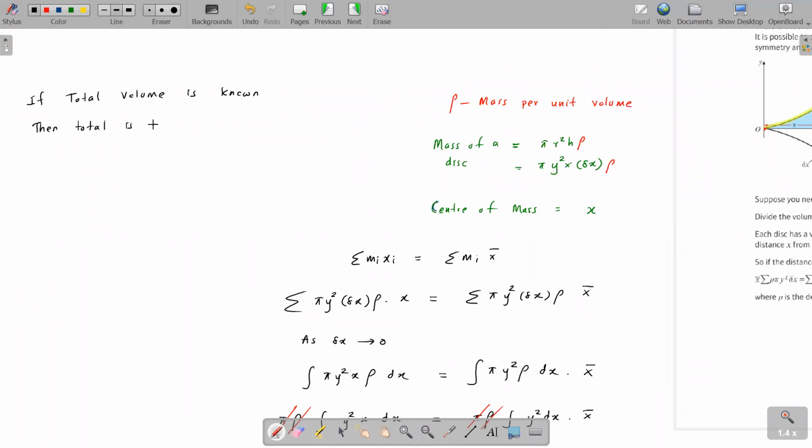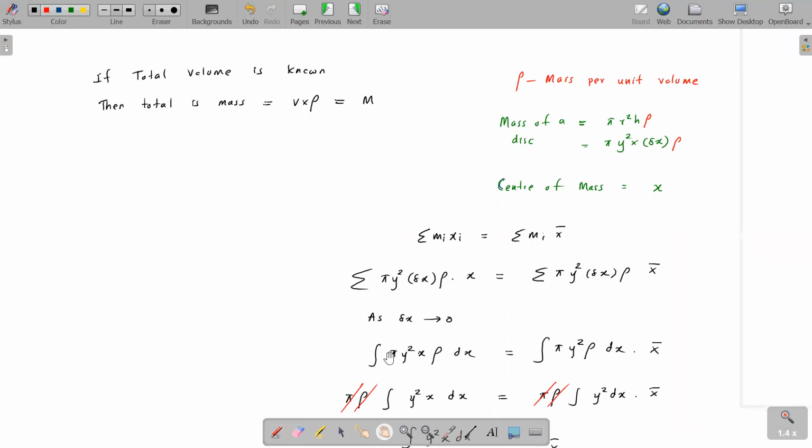Total mass M is equal to the volume multiplied by rho. Are you guys with me? So you multiply the volume with the rho value, and that's how you get the total mass.